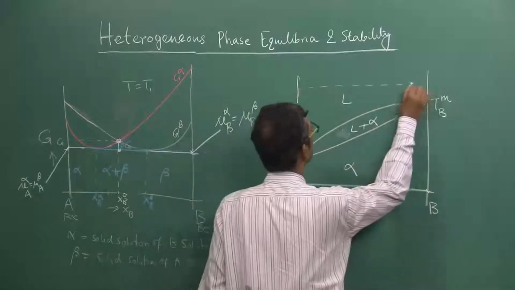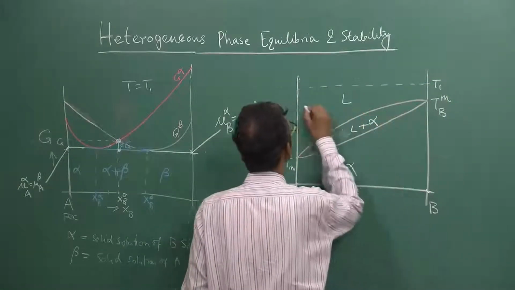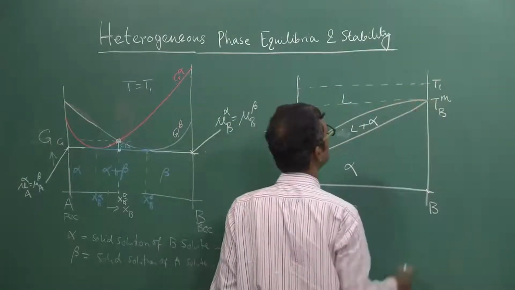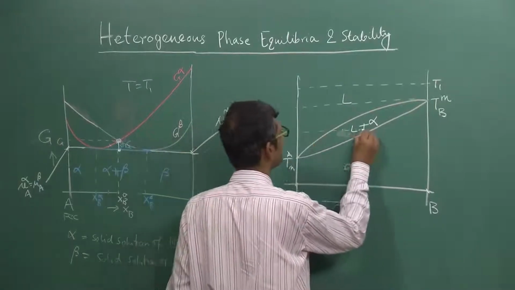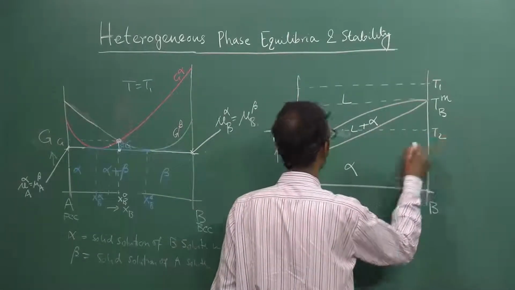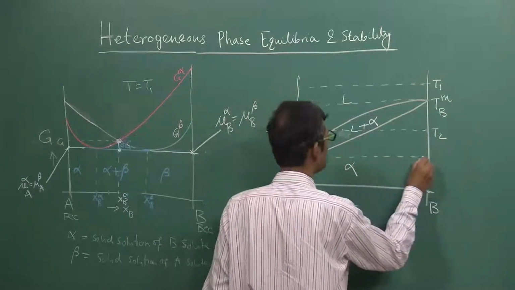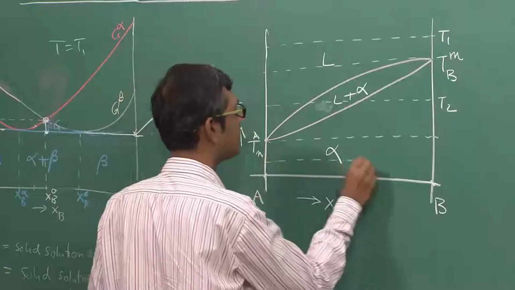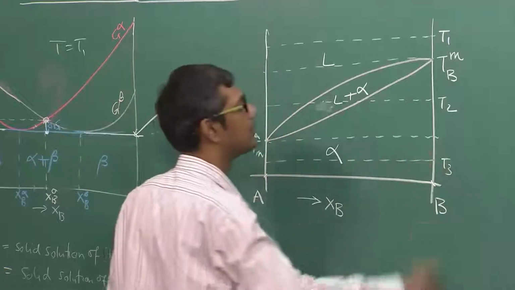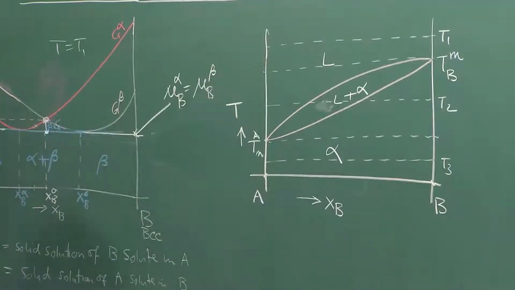Let us suppose I take this temperature T1, this temperature TMB, this temperature T2, this temperature TMA, and this temperature T3. These are horizontal lines just like a tie line in a phase diagram.